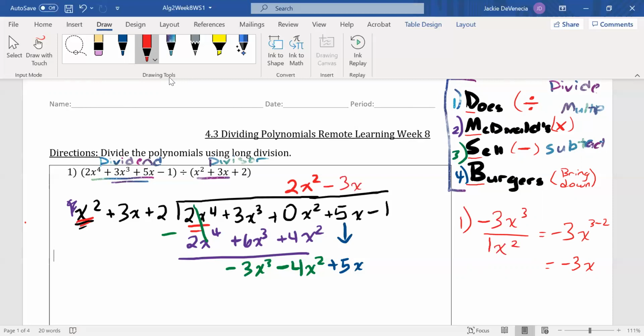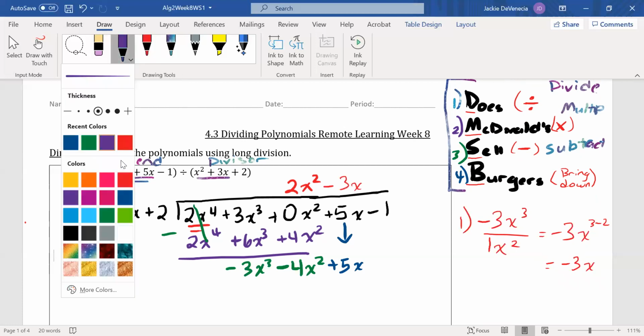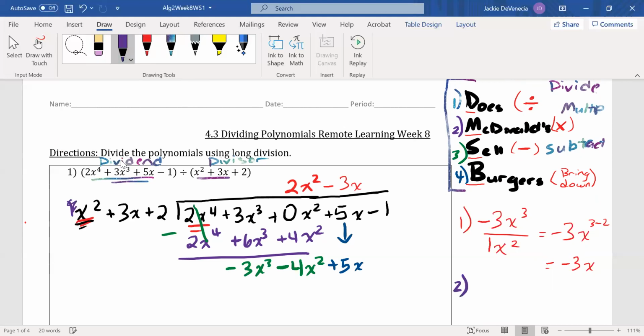Okay, so now that I have this, I'm going to go up to multiply, my second step. So I'm going to take that negative 3x and I'm multiplying it by the divisor. That means distributing it.